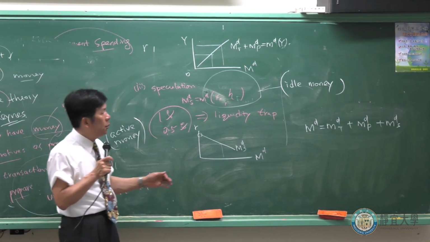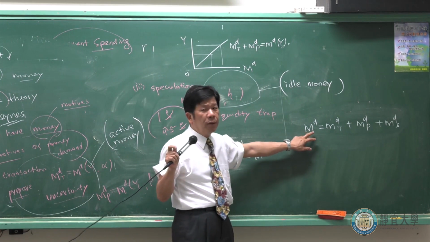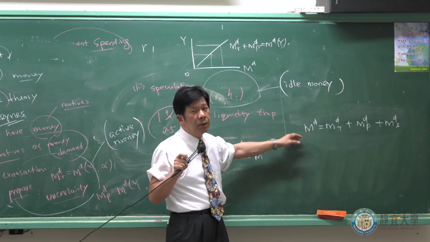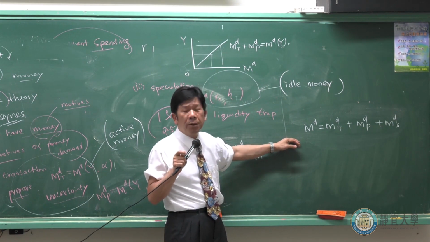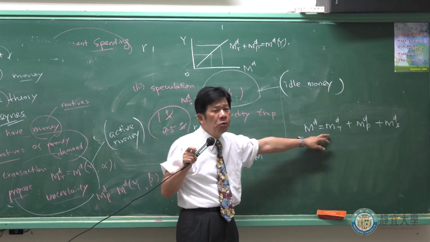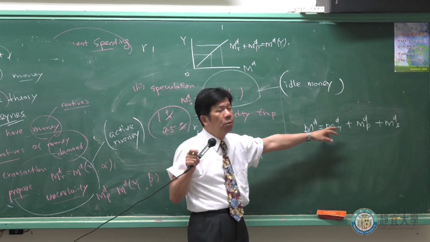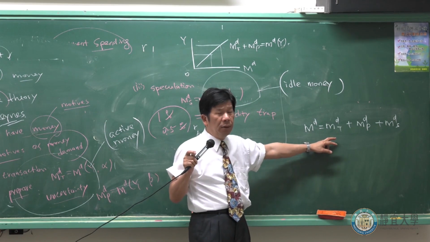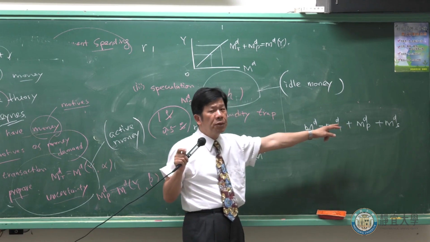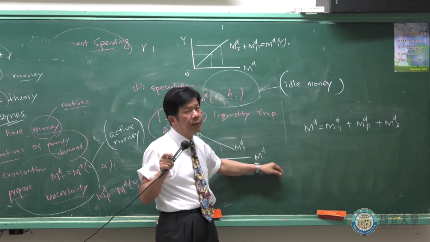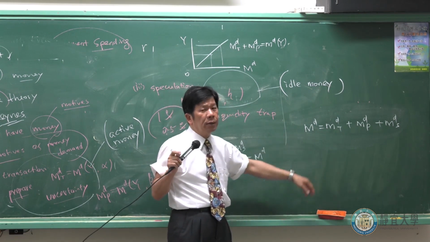Why does everybody need to have money? First is for transaction, one is for precaution or repair, and the other one is for speculation. So after that, you can see how to put them together.